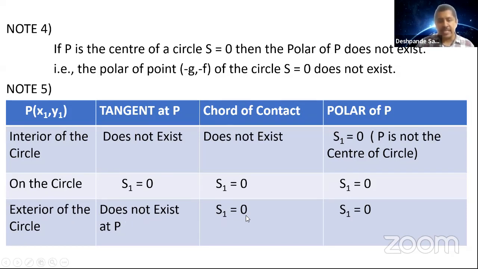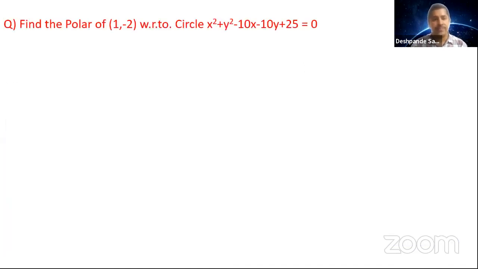And the chord of contact is S1 is equal to 0, and the equation of the polar is S1 is equal to 0. So if you just remember this simple table, you can easily understand the entire concept of the tangent, chord of contact, and polar of the point.